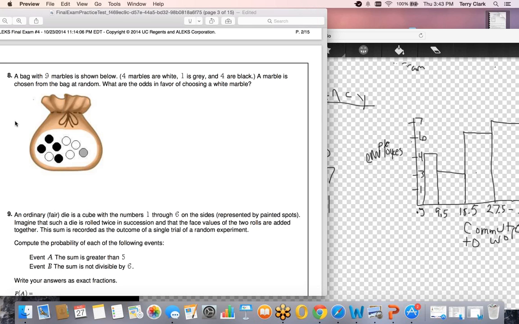Okay, so for number 8, this is an odds problem. It's not probability. We do use probability to solve odds. Once you get familiar with the odds, though, you don't have to actually use the probability. You can still come up with the answer, but it is based upon probability.